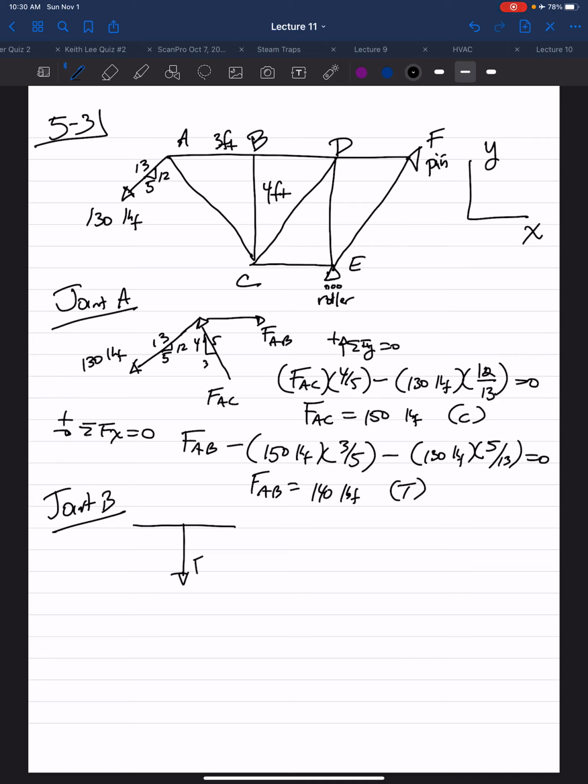We don't know FBC, and we don't know FBD, but we do know FAB, which we said is 140-pound force.